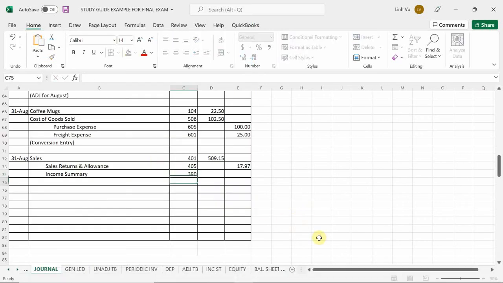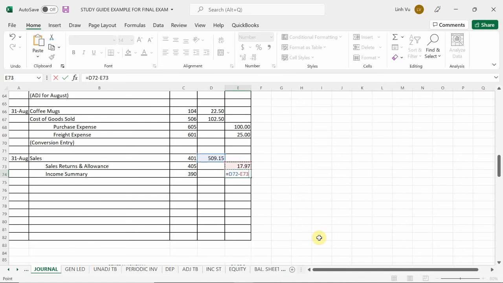Okay. So if I have a total of 509.15, right, and I have a credit of 1797, how much income summary should I have in this account? Or in this case, what's my equal and opposite credit?